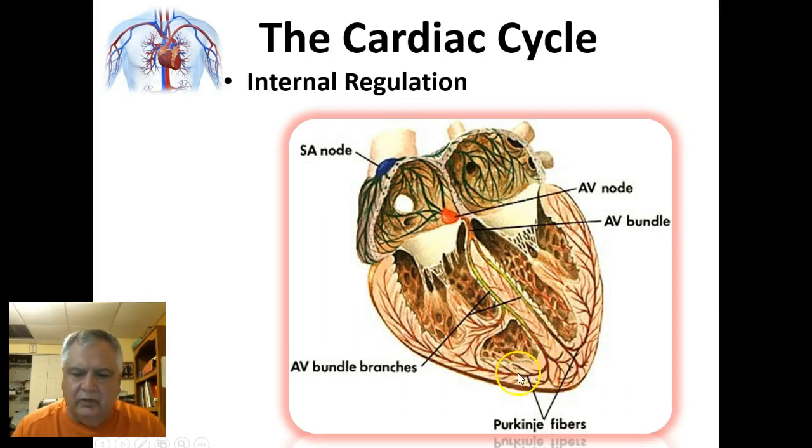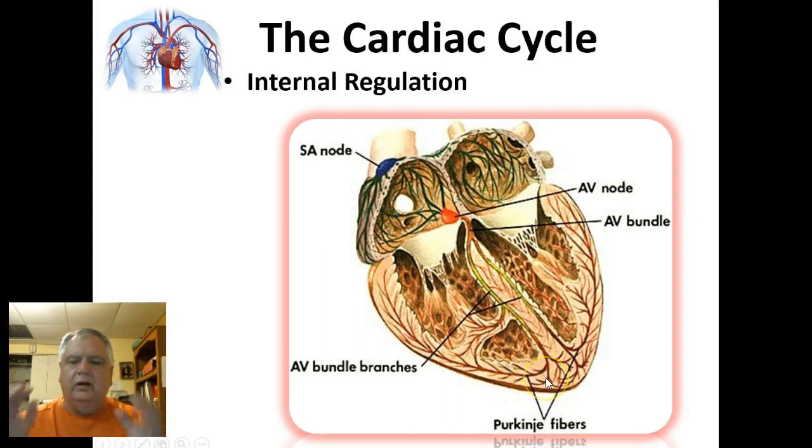And here we can see the branching then of the bundles, the AV bundles. And the Purkinje fibers that branch off of the bundles, and the Purkinje fibers then will release the signal, the action potentials, into the heart muscle tissue, causing the fibers to contract.